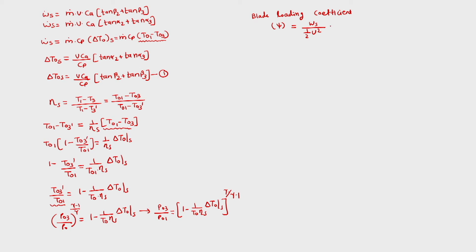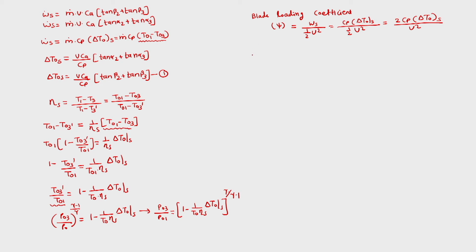This is specific work, so we would not have m dot here; we would have Cp into delta T0 stage divided by half u square. Delta T0 stage we can put over here and calculate the psi, or blade loading coefficient, in case of a stage of the turbine.